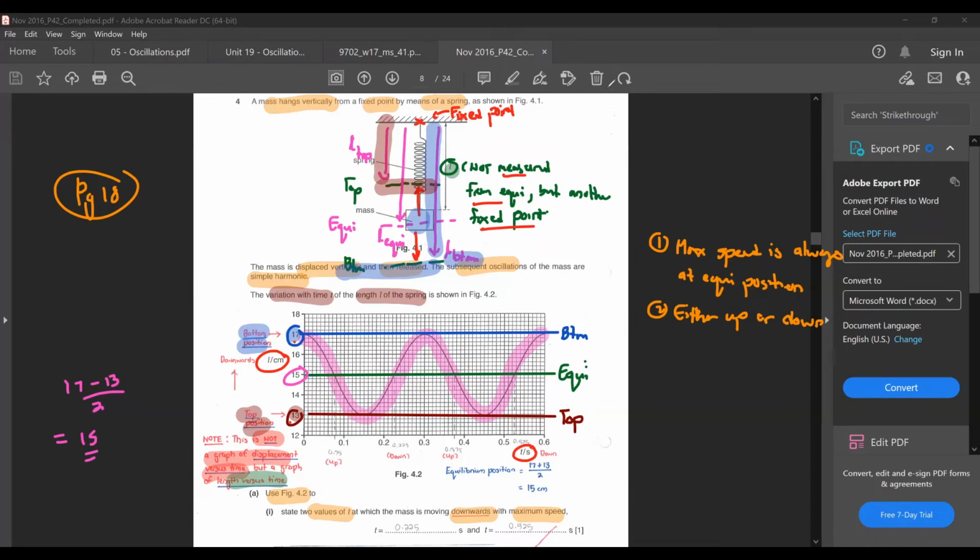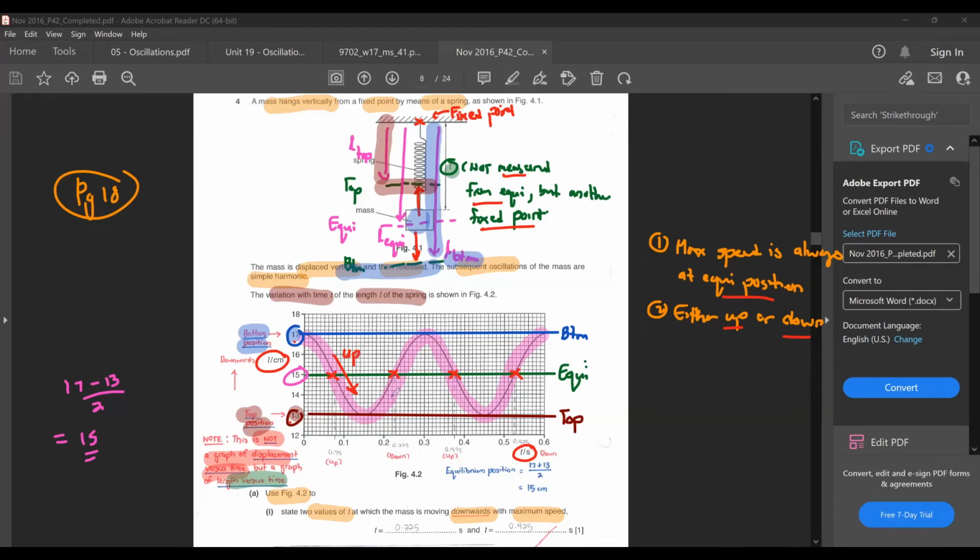So I know that my max speed is at equilibrium position. It will either be here, here, here, or here. But knowing that when you are at equilibrium position, your velocity can be either upwards or downwards, which is which? You see here, this one is from bottom going to the top, so this is going up.